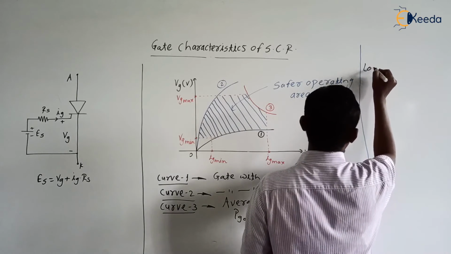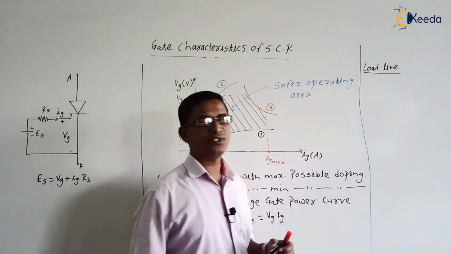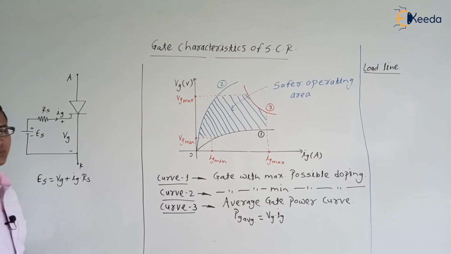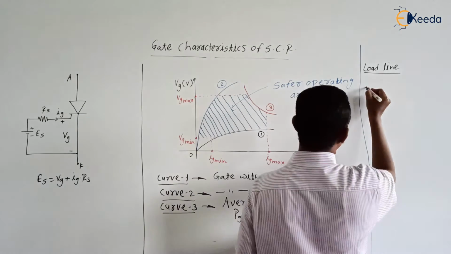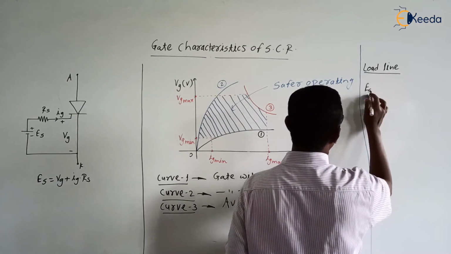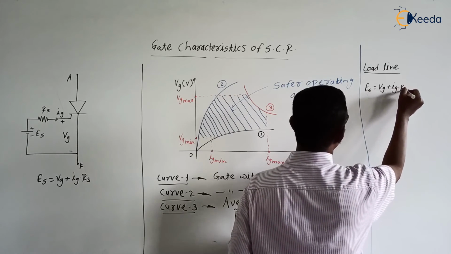Yes, load line. If you check here, we have Es equal to Vg plus Ig Rs.